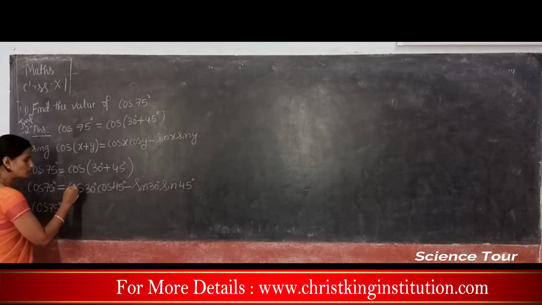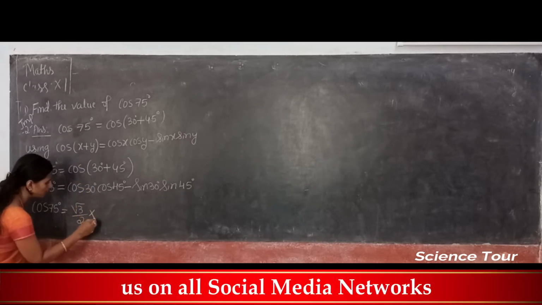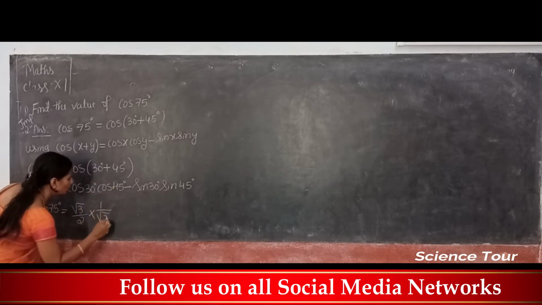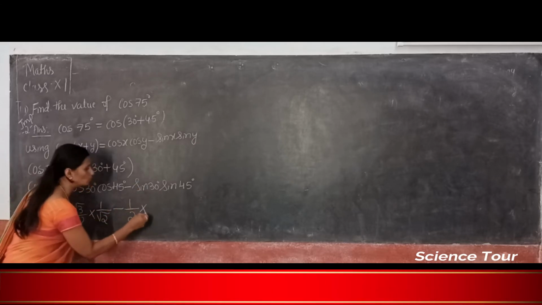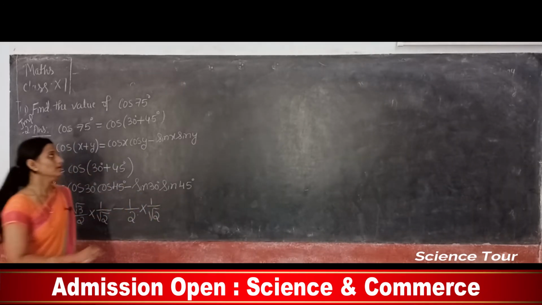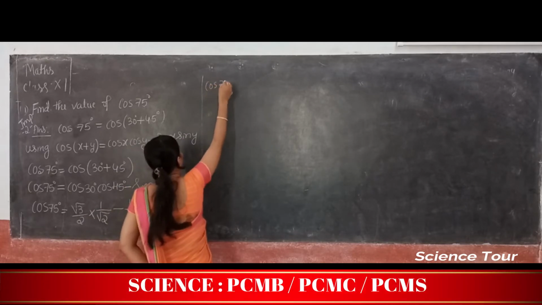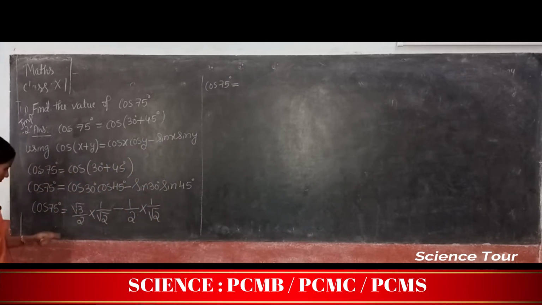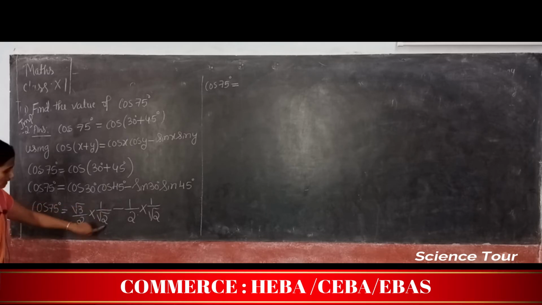So now cos 75 degree is equal to, substitute those values. What is the value of cos 30? Root 3 divided by 2, into cos 45 is 1 by root 2, minus sin 30 is 1 by 2 into sin 45 is 1 by root 2. So now simplification: root 3 divided by 2 into 1 by root 2.